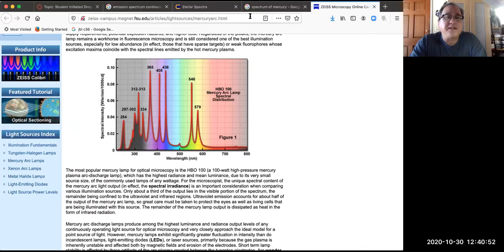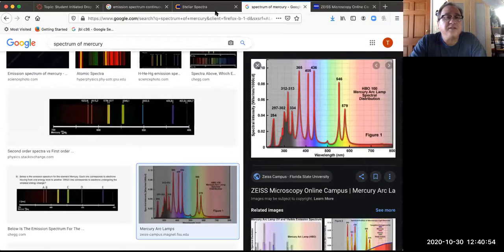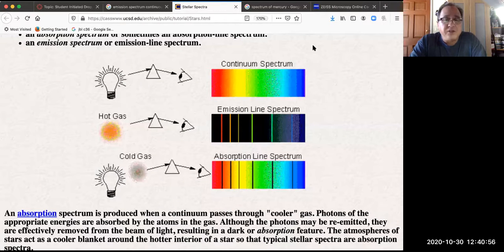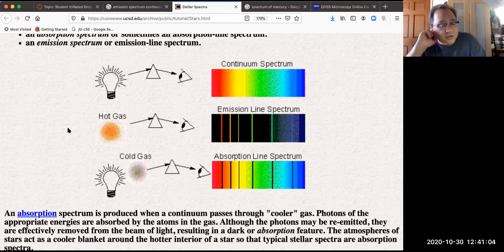So let's go back to that other thing that I was looking at. If we look at the second image, the middle image where it says a hot gas, this is what happens when you heat up a gas. You send the light through a prism, but instead of getting a continuous spectrum, you get lines. Now notice where the lines are, and in between the lines, it's black.